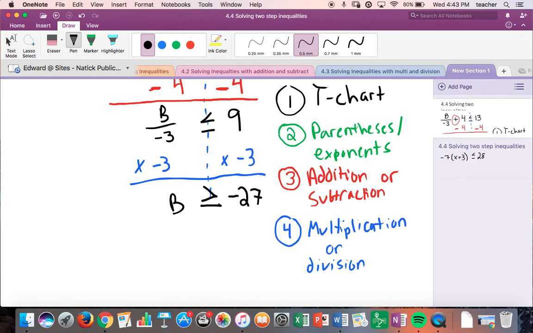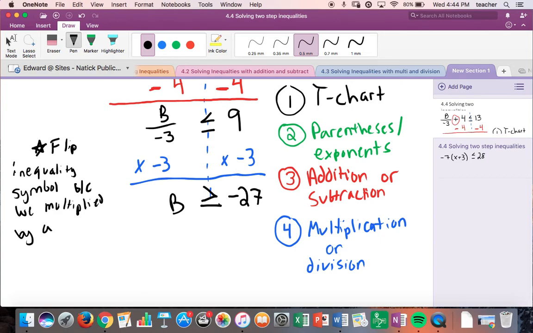I'm going to stop for a second and write a note. Flip the inequality symbol, because we multiplied by a negative.